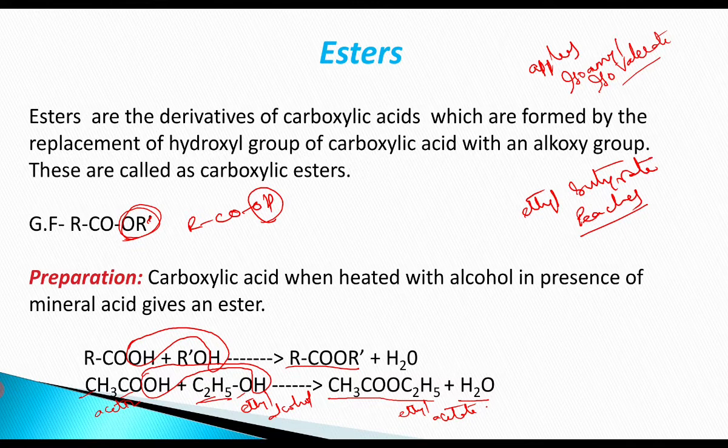And here the alkyl group that is obtained from the alcohol is ethyl. The ethyl group is substituted in the place of hydrogen of the acid. Therefore, the name is ethyl acetate, that is, the ethyl alkyl group is substituted on the acetic acid and the ester is formed. Therefore, it is ethyl acetate.